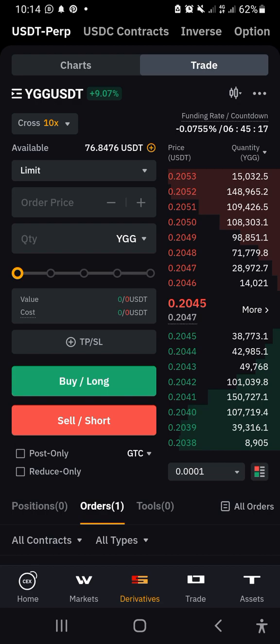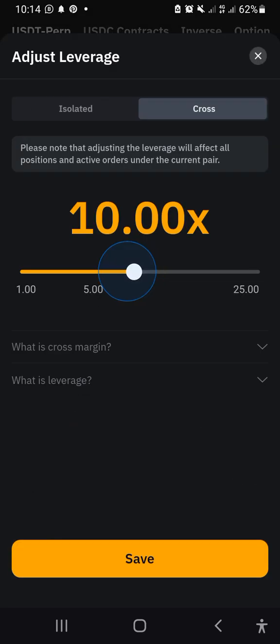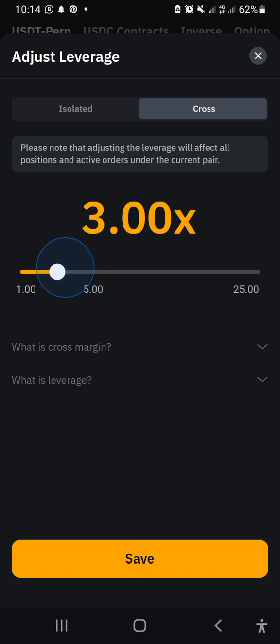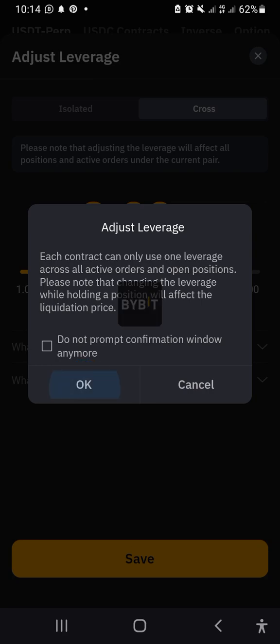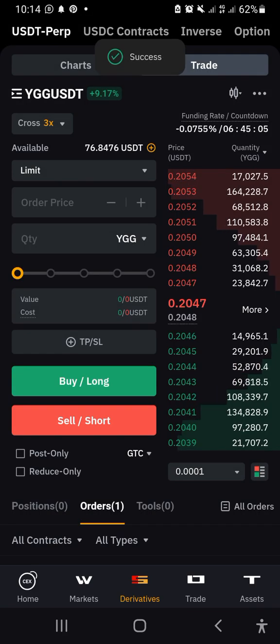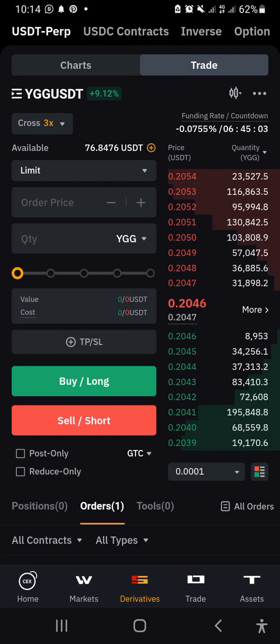Now you can see that it is on cross 10x. I will click on it and take it back to my 3x. But please use 2x. I'm only telling you what I am doing, so I don't use more than 3x. That is me.